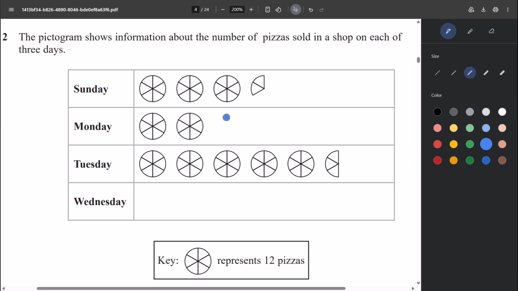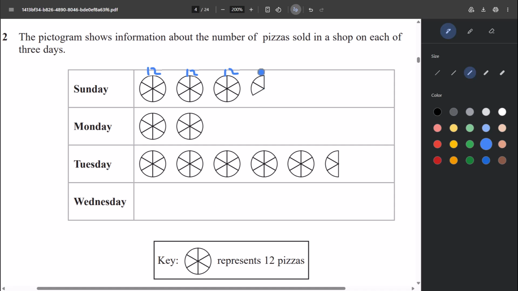From the first day, which is Sunday, we got 12, 12, 12. And if you want to know what this may represent, you have 1, 2, 3, 4, 5, 6, and 12 divided by 6 is 2. So each tiny piece represents 2 pizzas.